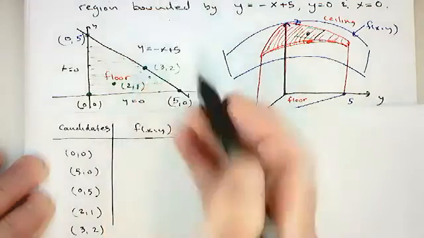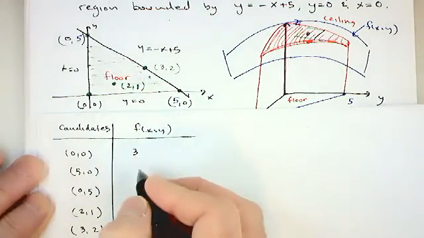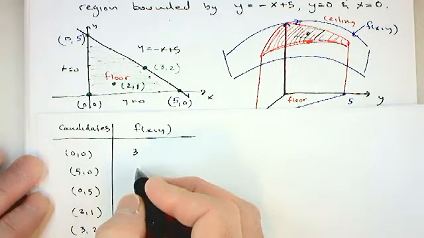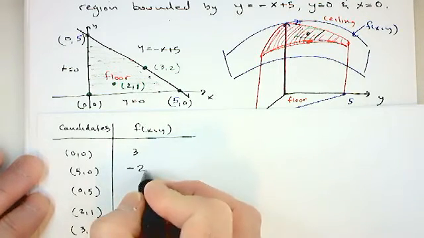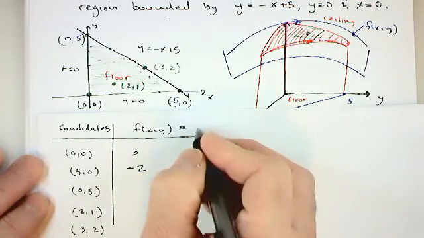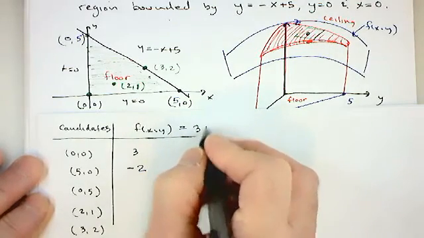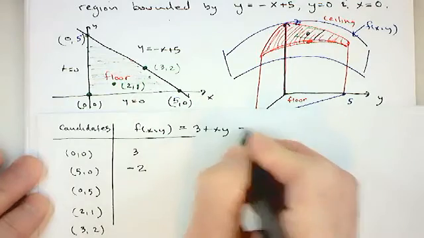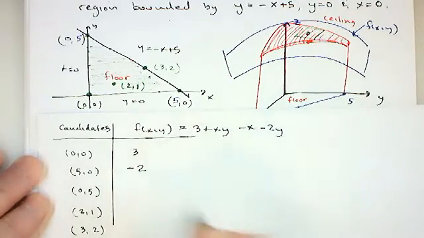If x is 0 and y is 0, I'm going to get just 3. You guys can check my work. I believe this gives you negative 2. I'm plugging these back in here. Maybe I'll write my function here since I can't see it. It's 3 plus xy minus x minus 2y.